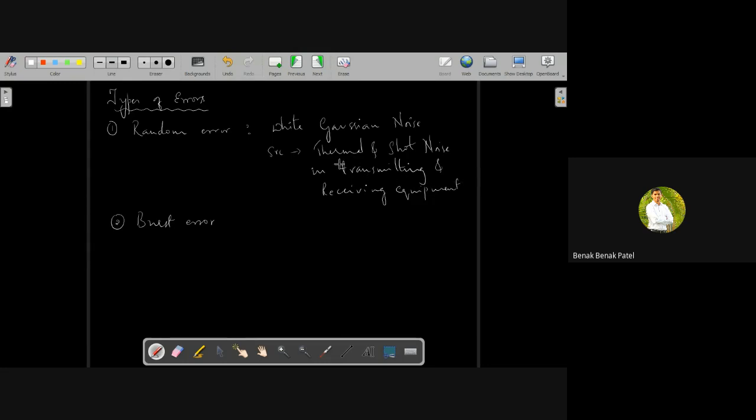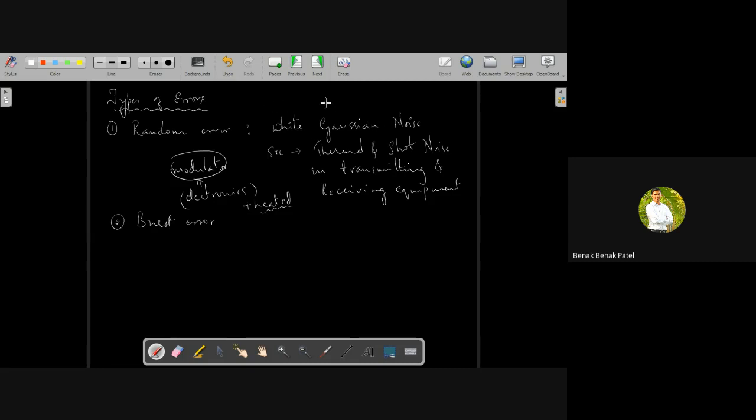Any system includes the modulator and so on, and we know that it includes a lot of electronic equipment. When these electronic equipments operate on power, they usually get heated up. This in turn leads to thermal and shot noise, which causes white Gaussian noise, and because of this noise the bits might change.